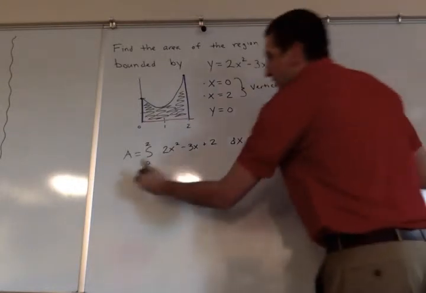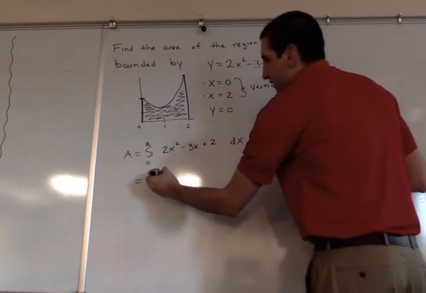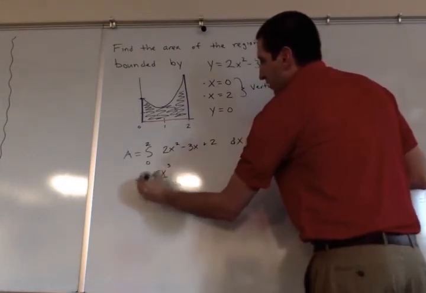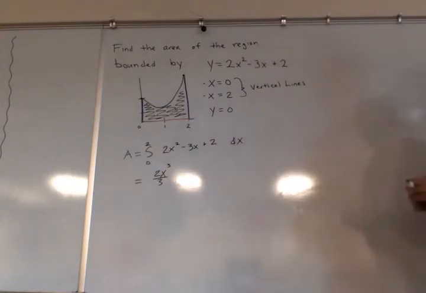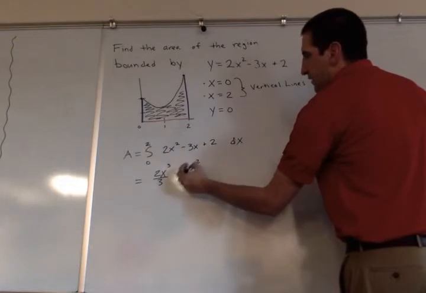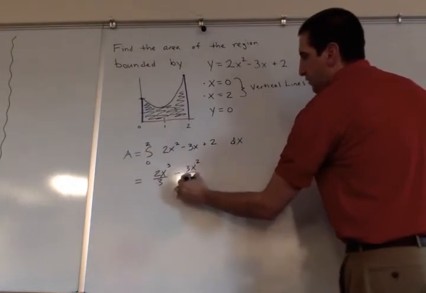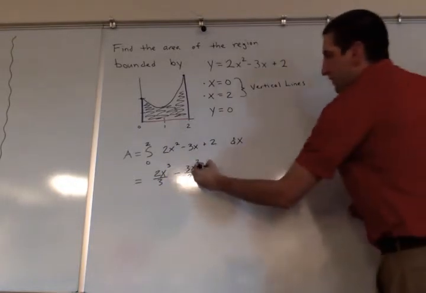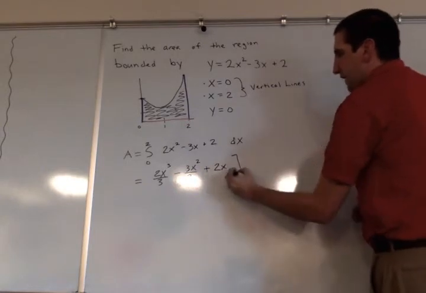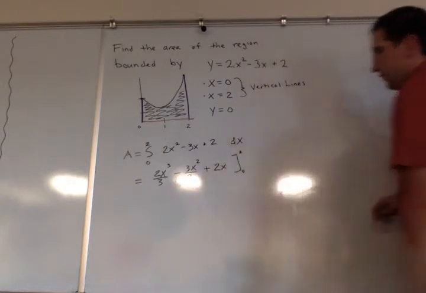As I integrate this, I would have x to the third, and so my coefficient becomes 2/3 when I divide by 3. Here I'd have x to the second. My coefficient would become 3/2 when I divide by 2, plus 2x. I'm going to evaluate that from 0 to 2.